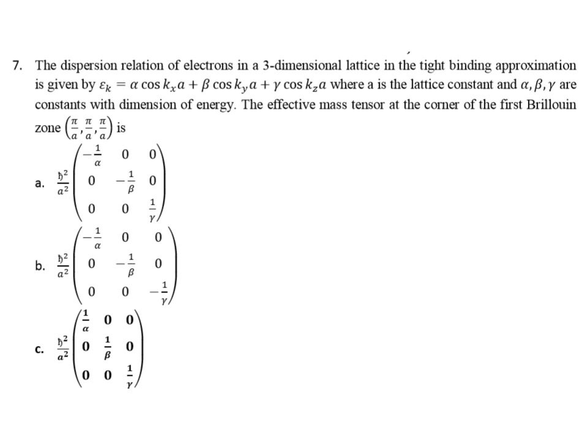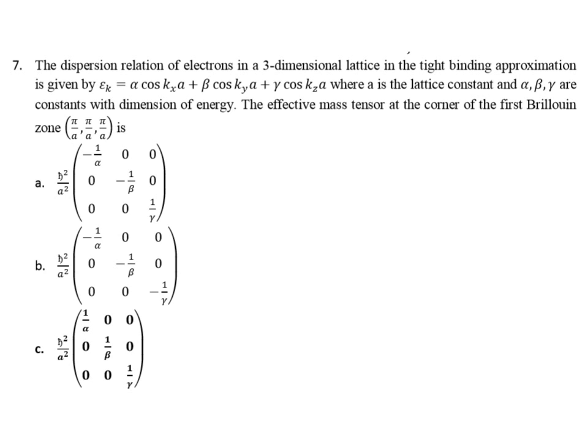Now problem number 7. The dispersion relation of an electron in a 3-dimensional lattice in tight binding approximation is given by Ek is equal to alpha cos kxa plus beta cos kya plus gamma cos kza, where a is the lattice constant and alpha, beta, gamma are constants with the dimensions of energy.